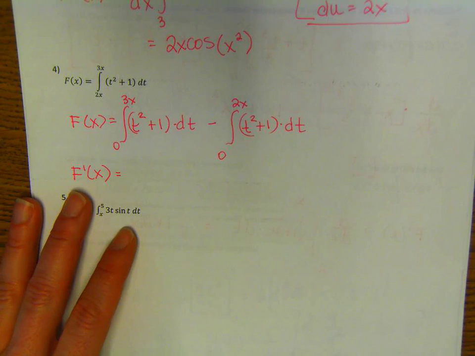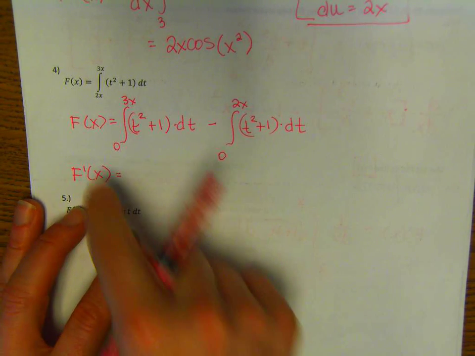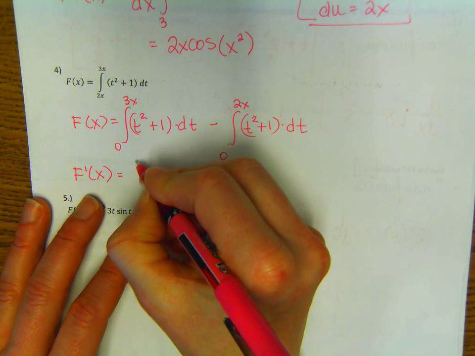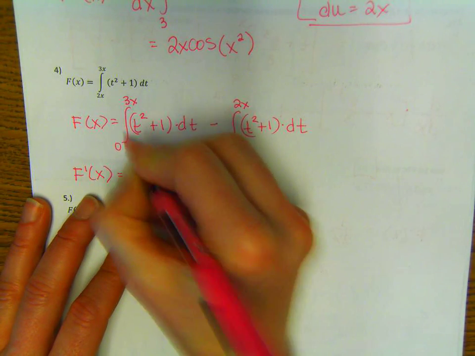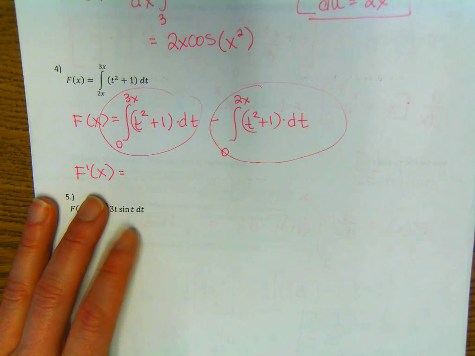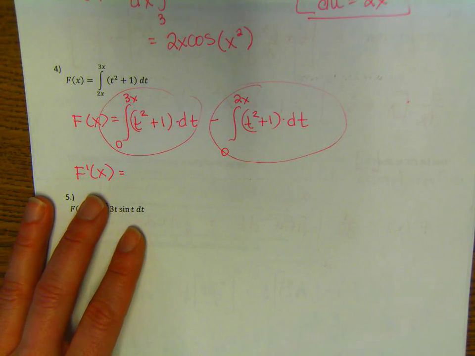So if I asked you to do the derivative of these things, that's like asking you to take the derivative of this integral and the derivative of that integral. What do a derivative and an integral do? They cancel each other out, but we have to keep in mind chain rule, okay?